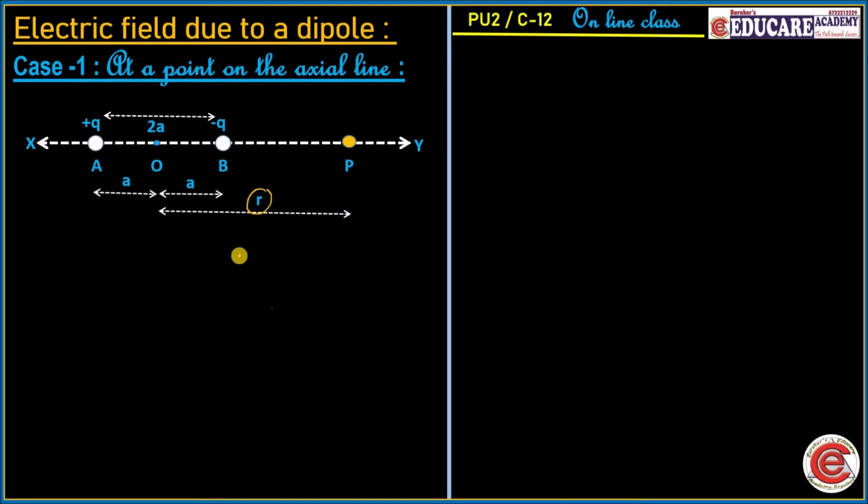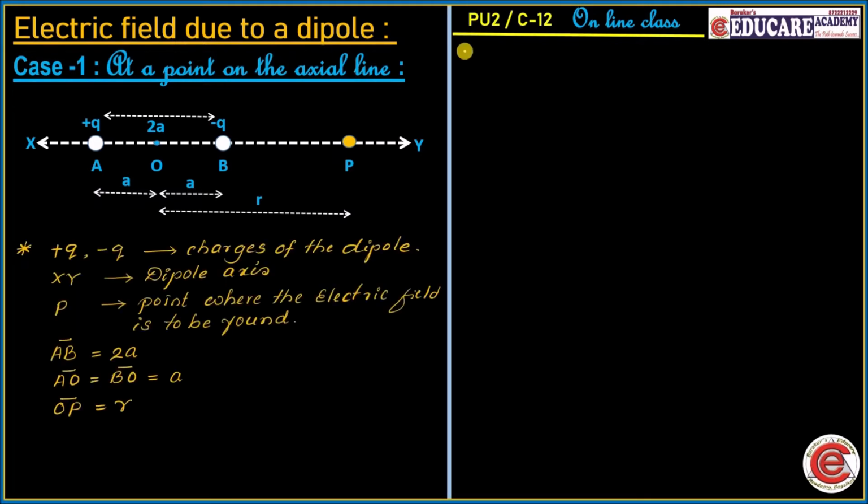Hope you got the diagram clear. Now in the examination if they ask the question, then you need to write all this explanation at the beginning of the concept. Now let me explain the whole procedure we are going to adopt in the discussion of the electric field.